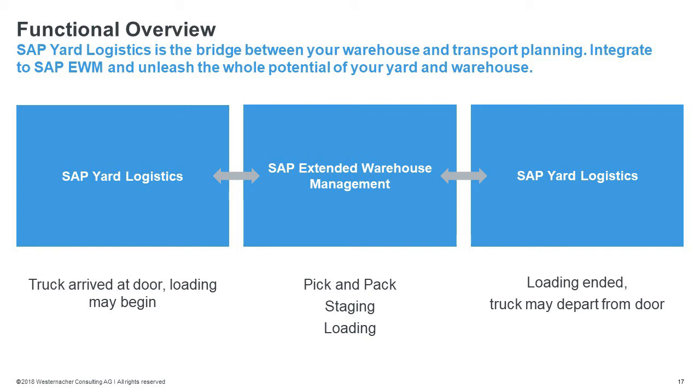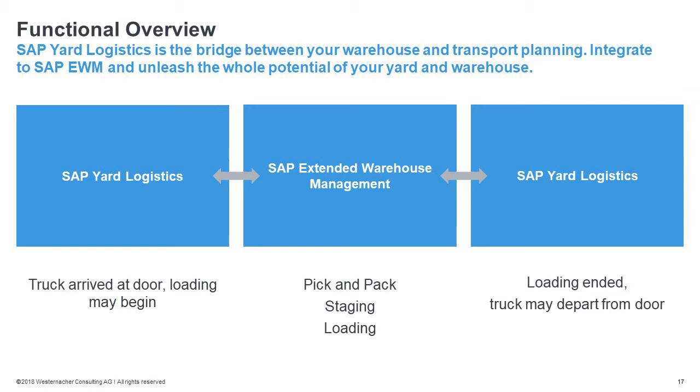Once the truck arrives in SAP Yard Logistics, we register the truck there. We then do all the pre-steps before we dock to a door, such as driving to the check-in gate, going to a parking spot, having the trailer or the truck inspected.